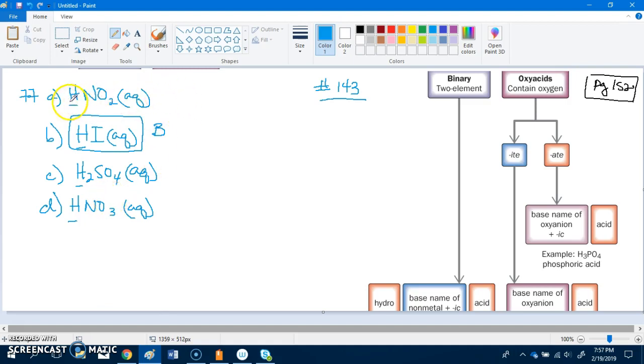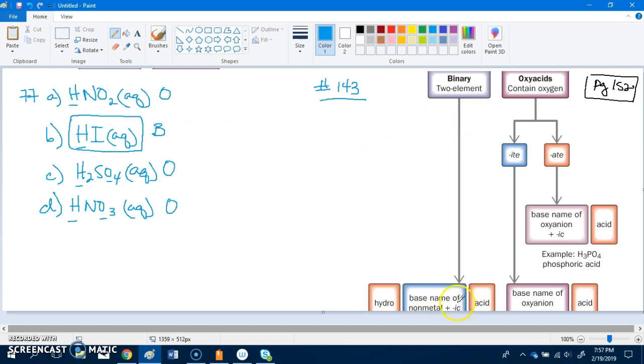All the rest have hydrogen and oxygen in them, and there's more than two elements, so the rest are all oxyacids. I'm just going to put an O for those. So HNO2, hydrogen and oxygen. Those are your oxyacids.